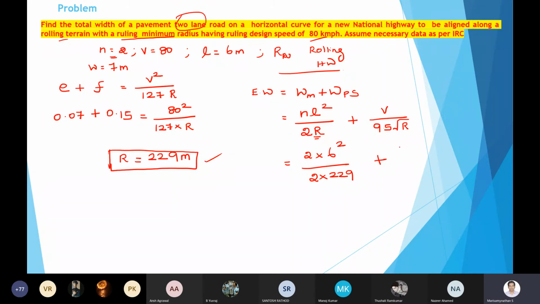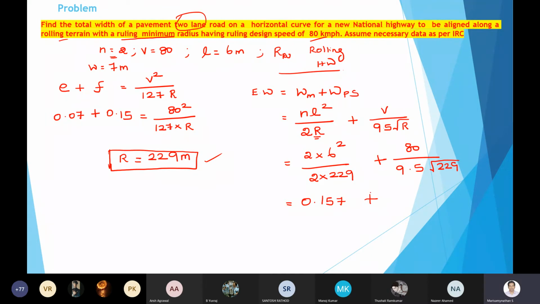Plus V is nothing but the design speed, 80, given in the problem, divided by 9.5 root 229. So estimating the value, 2 into 6 squared divided by 2 divided by 229, I am getting 0.1572. So I am fixing the value as 0.157.